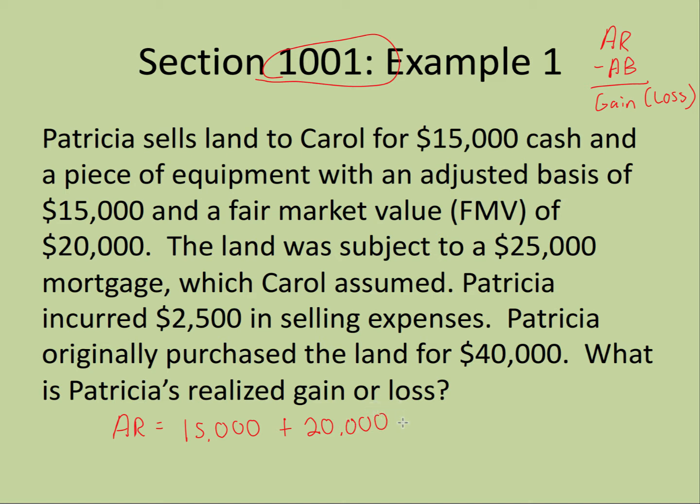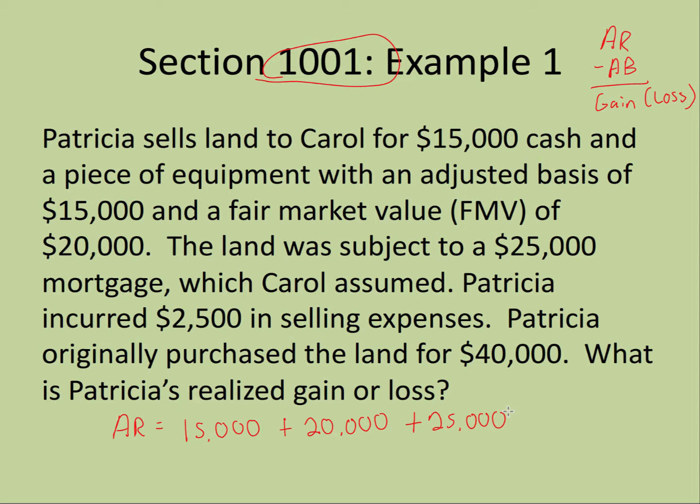Now the land that Patricia is selling is subject to a $25,000 mortgage, which Carol, the buyer, assumes. That's going to be constructive cash. It's as if Carol is paying Patricia, who's the party we're considering, $25,000 cash, and Patricia is turning around and paying off the liability.